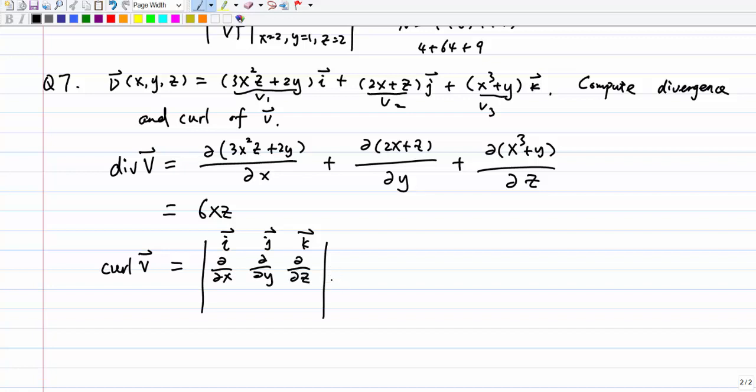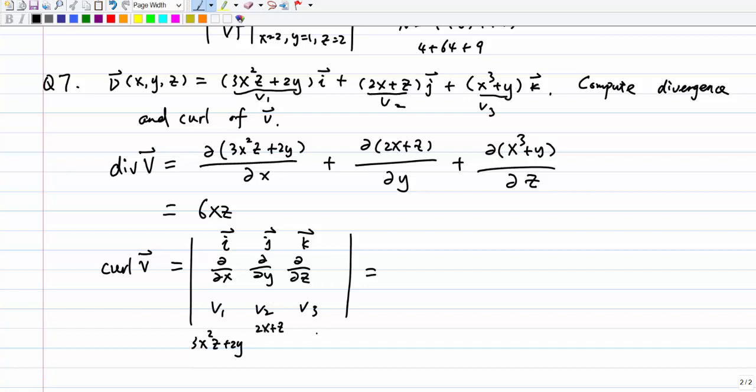Then you put V1, V2, and V3 in the third row: 3x squared z plus 2y, 2x plus z, and x cubed plus y. When you compute that, you will have 0i plus 0j plus 0k. I don't want to compute the determinant in full, but it gives 0, 0, 0.